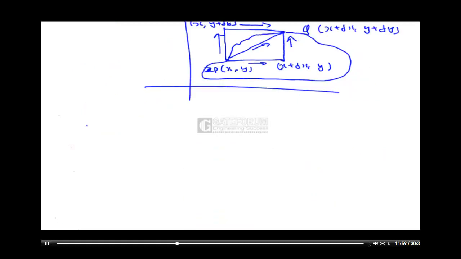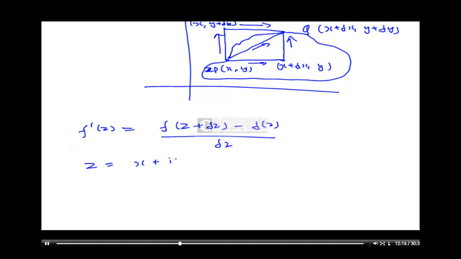I can write f dash z is equal to f of z plus delta z minus f z upon delta z. Suppose z is made up of x plus iy.